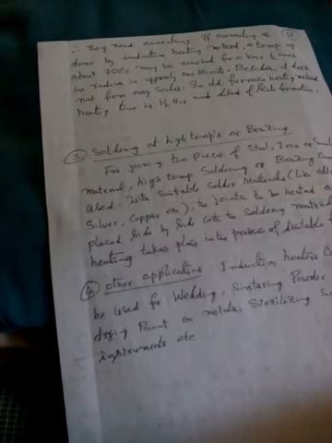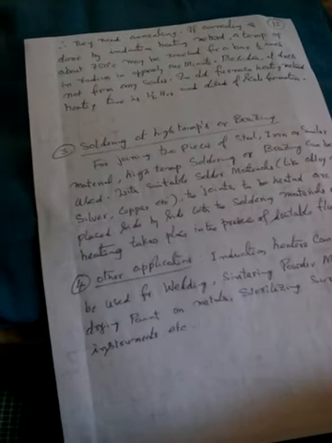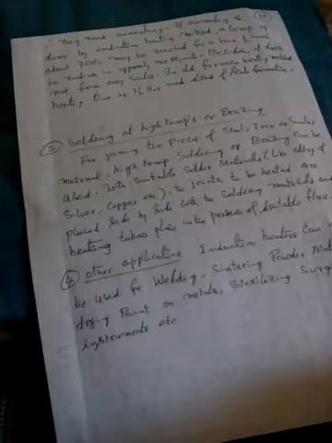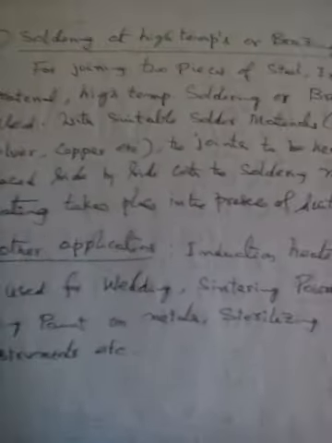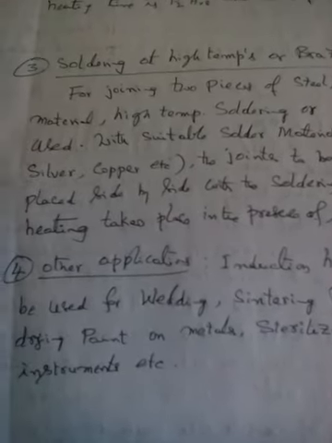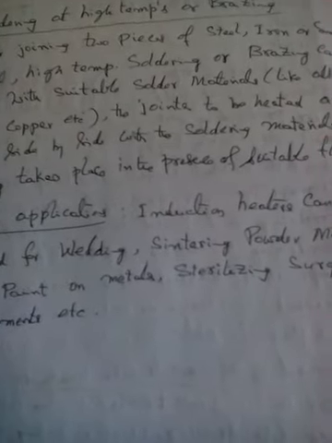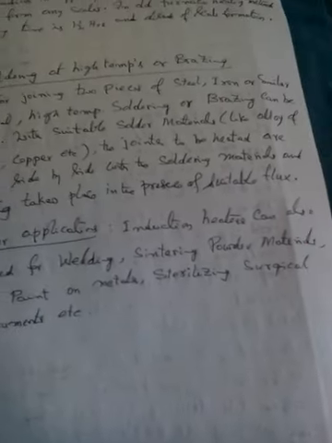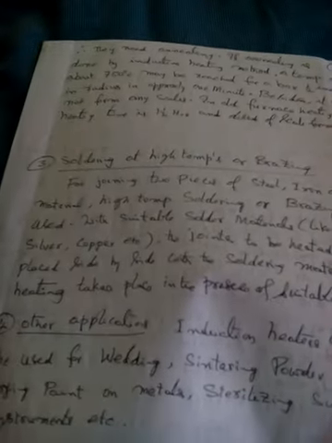High temperature soldering or brazing can be used with suitable soldering materials like alloy of silver, copper, etc. The joints to be heated, placed side by side with the soldering materials, and heating takes place in the presence of suitable flux.